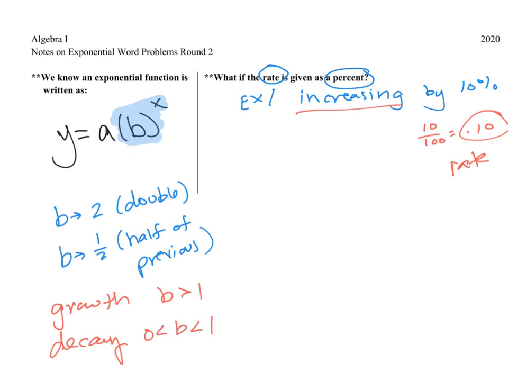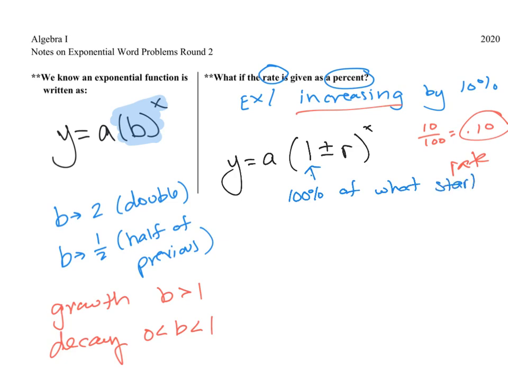Well, what this really means is that we end up having something that looks like this. We end up with y equals a, and then 1 plus or minus that rate to the x, okay? This 1 right here represents the fact that I have 100% of what I started with, and then plus that percentage or minus that percentage.